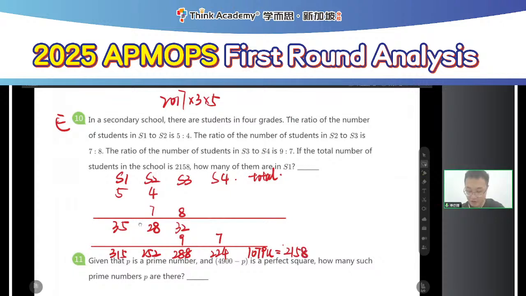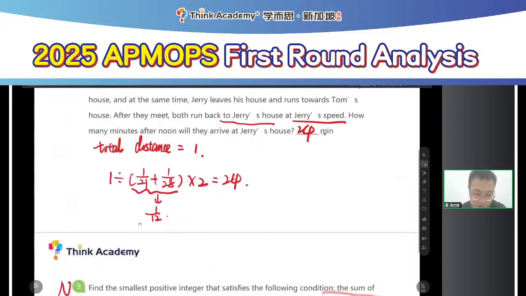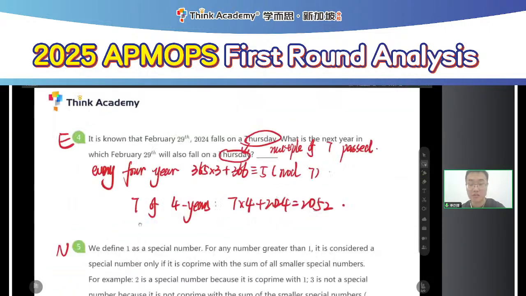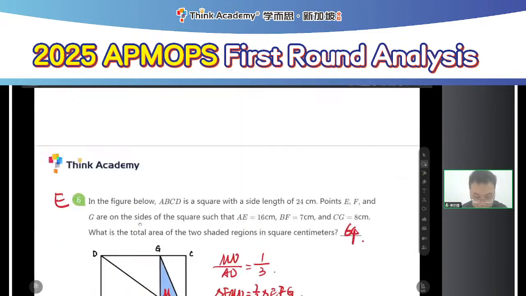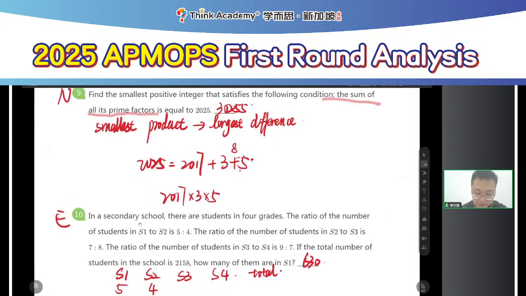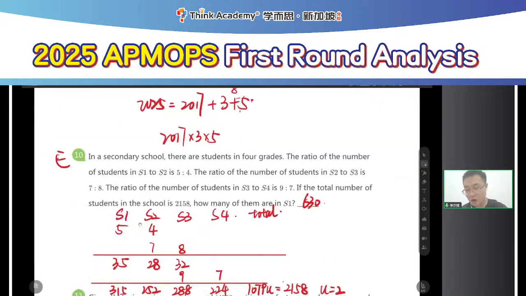You don't need to calculate it, obviously u equals 2. And then we want to know the secondary one. The secondary one is 630. Yeah, 630. So now for the 4-point questions, the first 10 questions, we have most of them being easy questions. So 8 easy questions and 2 normal questions.